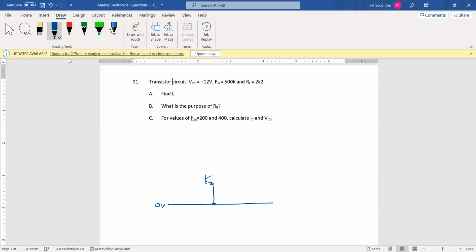This is the 0 volts terminal, and here we have a resistor, this is RL, and this is plus VCC, the collector voltage.